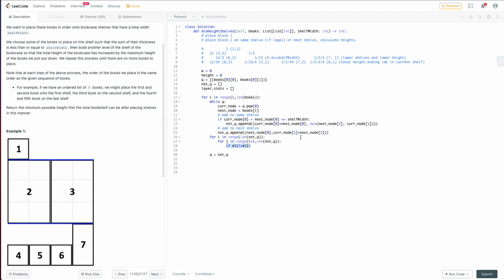Just do a pairwise comparison, and so if next q of i of 0 is less than or equal to next q of j of 0, and next q of j of, so this is saying that the height is less, and next q of i of 1, and then this is saying how much shelf space you have.